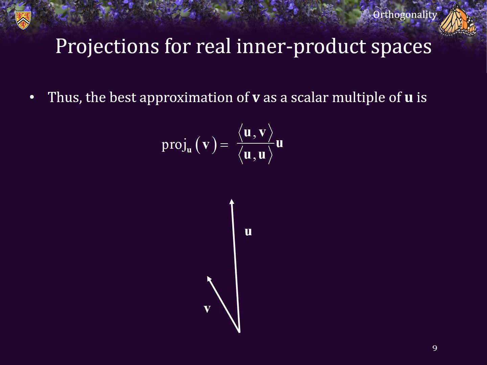Therefore, the projection of u onto v would be approximately this vector here. And it is called the projection because we are essentially projecting the vector perpendicularly onto the vector u. We'll take a look at that later. But let's look at some examples first.